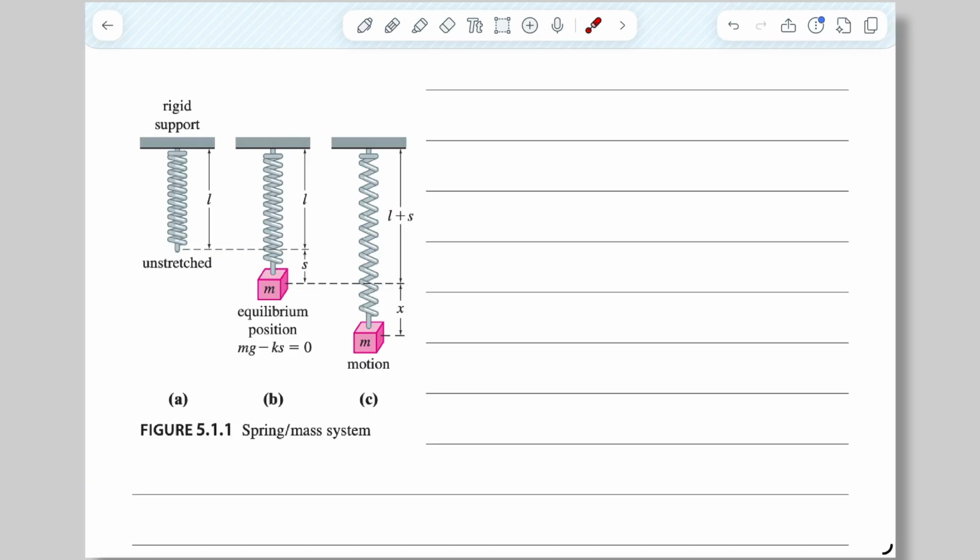The first type of problems that we're going to consider are going to be spring mass systems. A spring has a natural length. Putting a mass on a hanging spring is going to stretch it a bit. And here in this diagram, s is the amount by which the mass is stretching the spring and holding it in an equilibrium position.